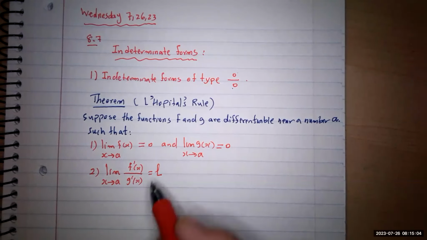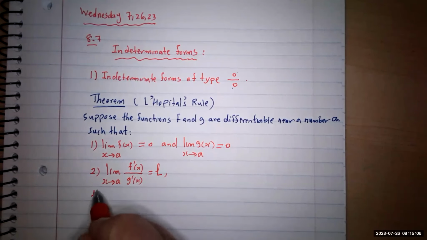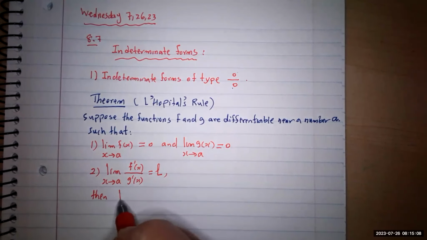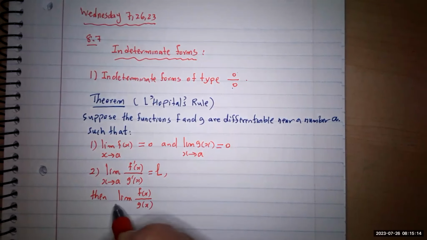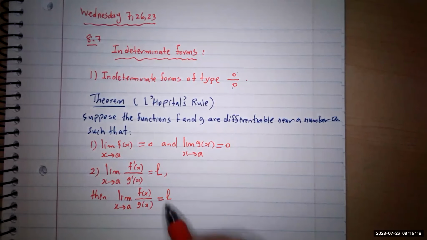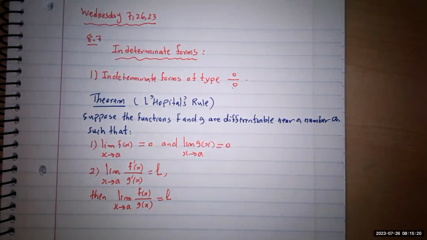If this is the case, then the limit of the original one, the limit of f of x over g of x as x goes to a, is also equal to L. That's it. That's the L'Hopital rule.